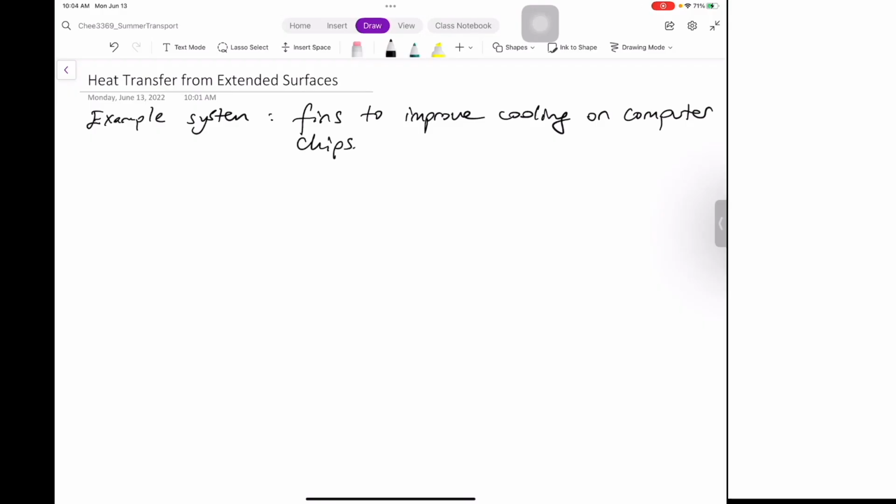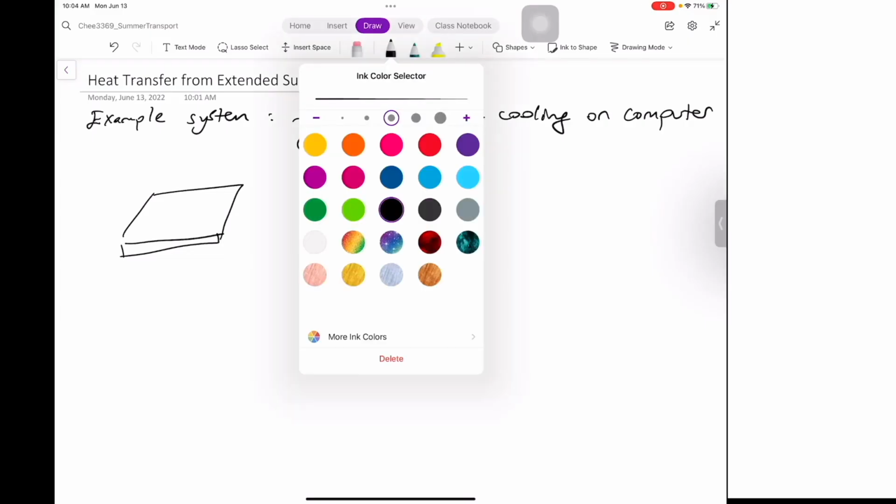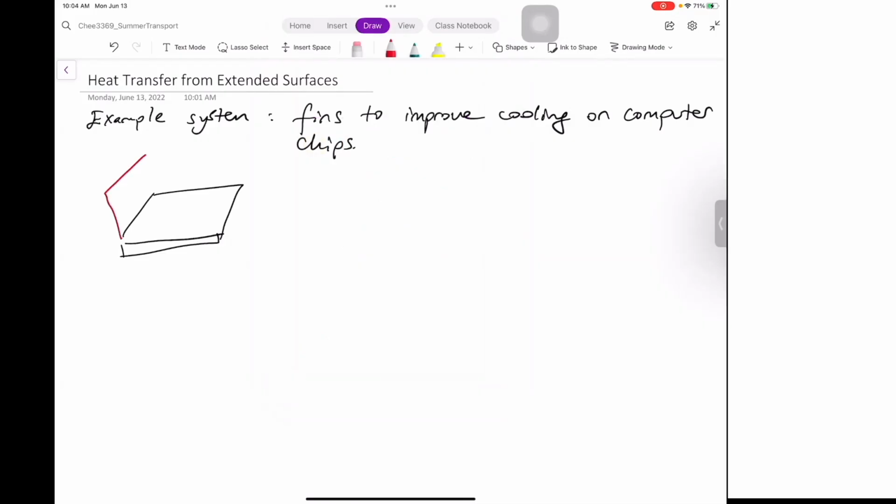Right? So imagine you have a chip like this, and you just want to increase the heat transfer to, I'm sorry, to make it colder, so you attach some extensions, which are called fins.